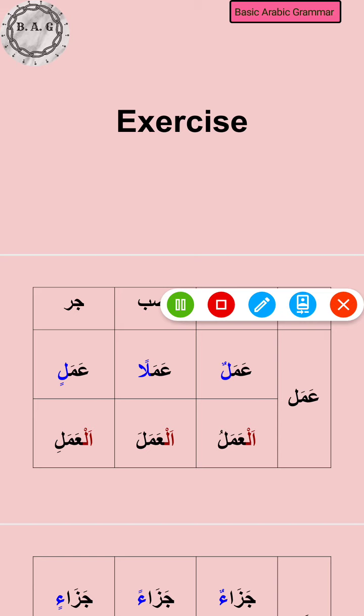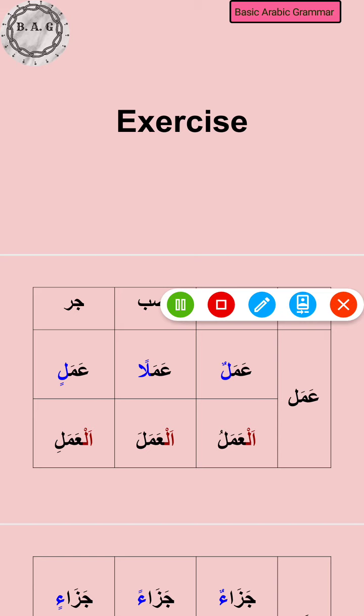First of all, what do we have? We have the word amal, which is amalun technically, now you know. And we have the rafa, nasab, jar forms. We have amalun, amalan, notice the post-tanween alif. Then we have amalin. Add al to it, we'll get al amalu, al amala, al amali. So amal means an act or a deed.